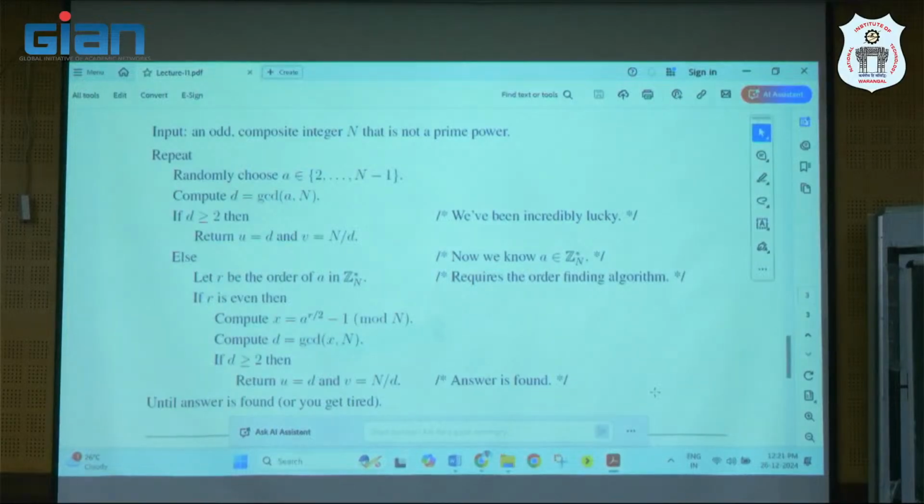Okay. Now we are getting into how to do factoring using order finding.